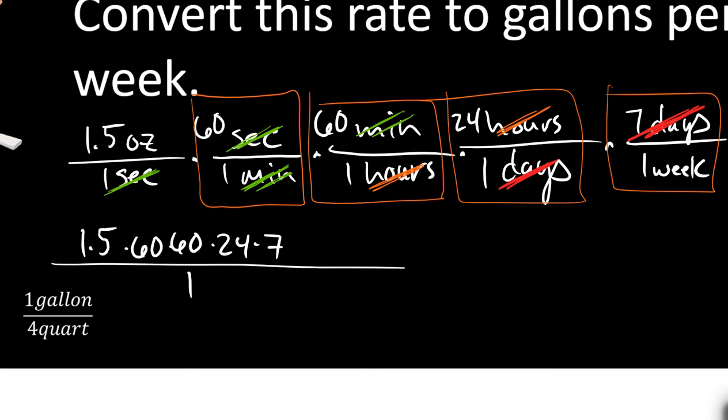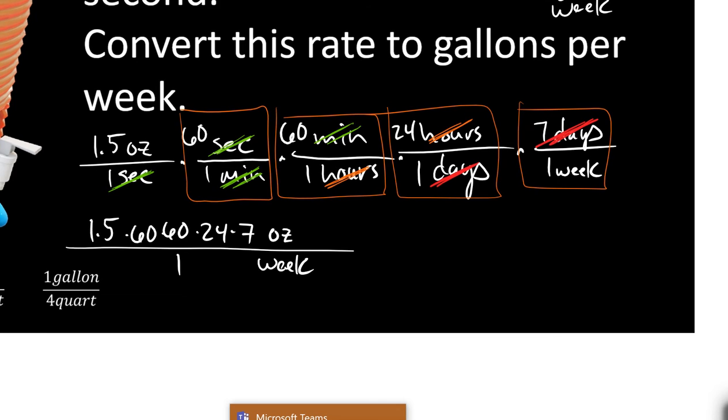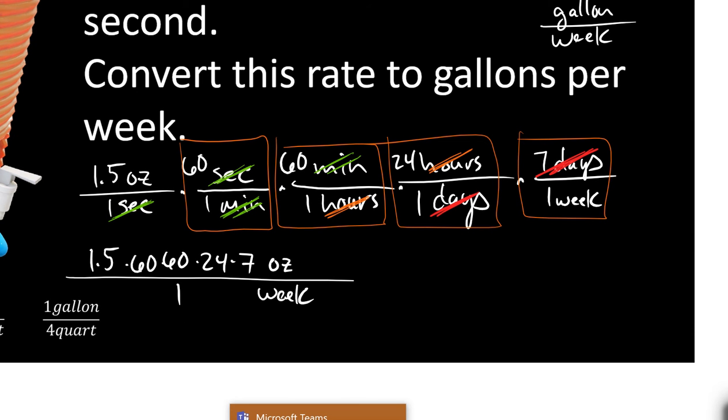So it's just all the number 1. And my units at this point are in ounces, OZ, per week. So I've gotten part of the way there, right? I'm no longer dealing with ounces per second, but with ounces per week. What I need to do now is a similar thing with the liquid units, right?